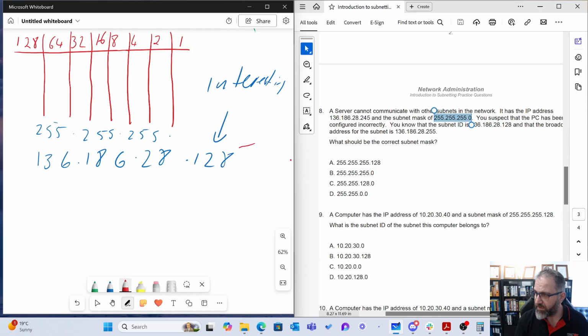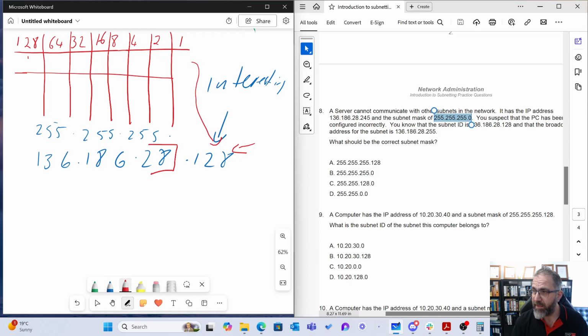So the interesting part is this one here, the last octet. We're not going to worry about the others. There's no issue there. But that one is interesting. Whatever we do here is working on the last octet. Check this out. What is the number up there? That's a 128.